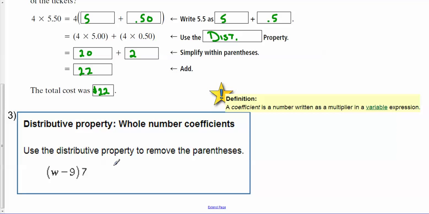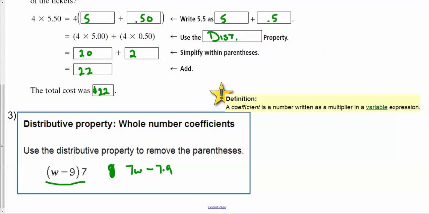So it's still going to be 7w minus, well, let's just keep the same order, 7 times 9. Okay. Now I don't have to put parentheses up there because the order of operations tells me I need to multiply first. Okay. So that's how I would rewrite this, w minus 9 times 7. Okay, that's how I would rewrite without parentheses.